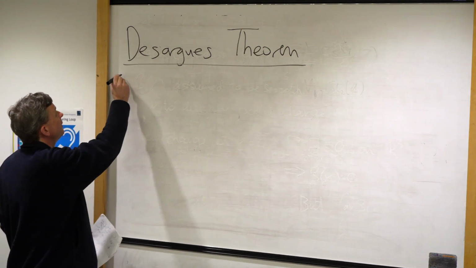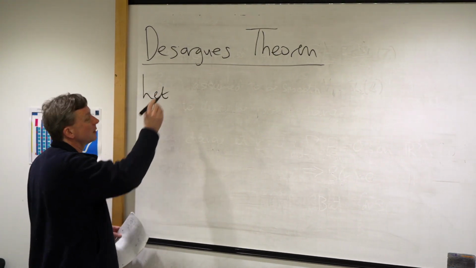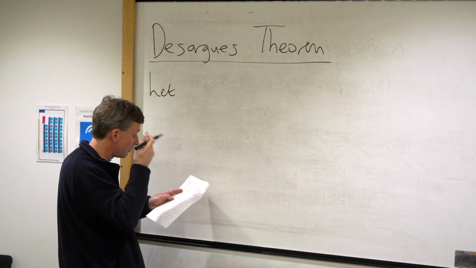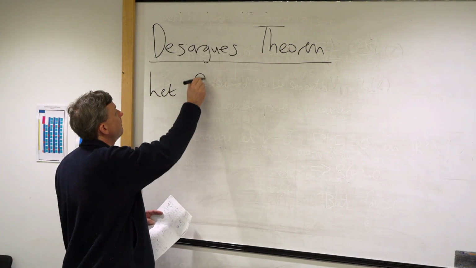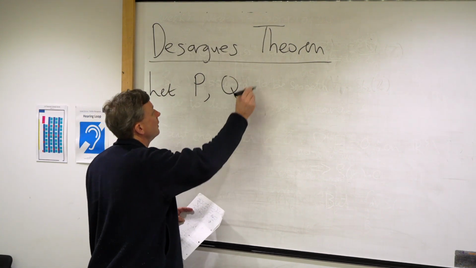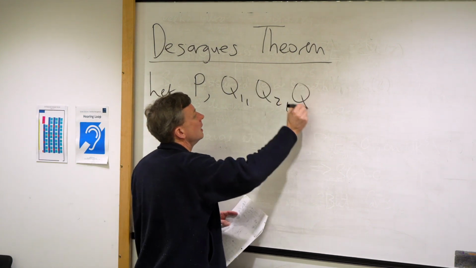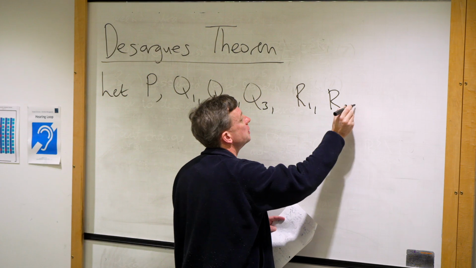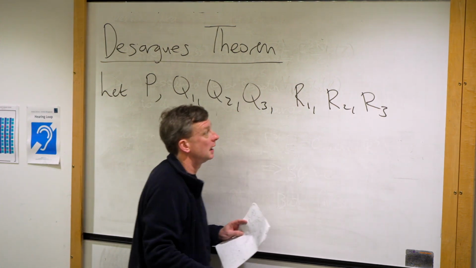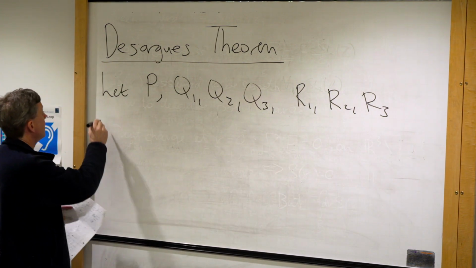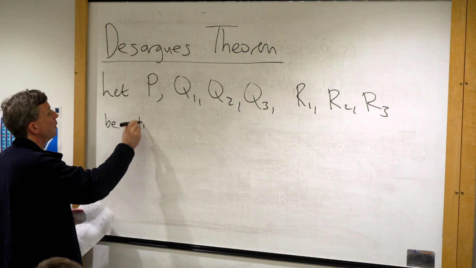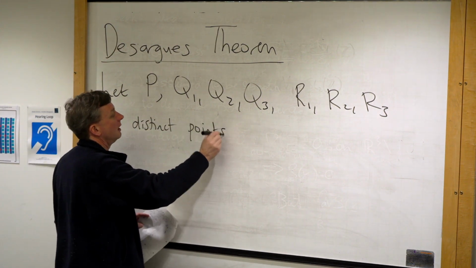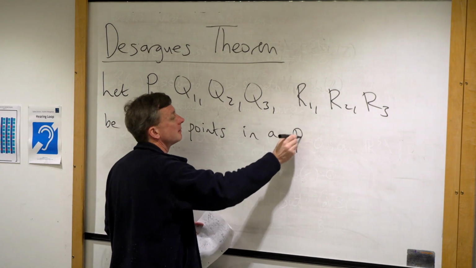So the statement is, I'm going to write my points with capital letters, and later on I'll have small letters for representatives of the points. So big P, big Q1, Q2, Q3, and R1, R2, and R3. These are 7 distinct points in a projective plane.